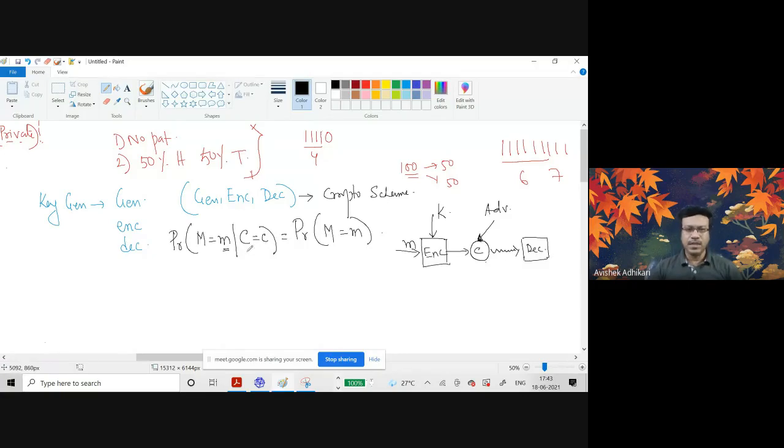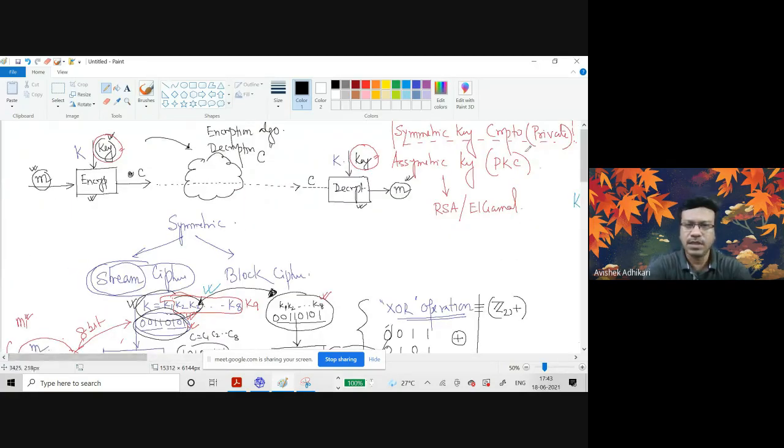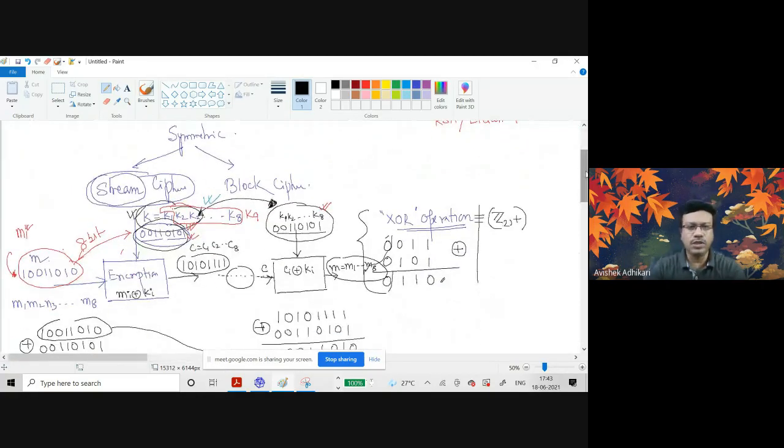That means you are given that you know the ciphertext C, then what is the probability that the message was capital M? In my previous example here, suppose you know this, then you are asking the question, I know this, then what is the probability that the original message was this?